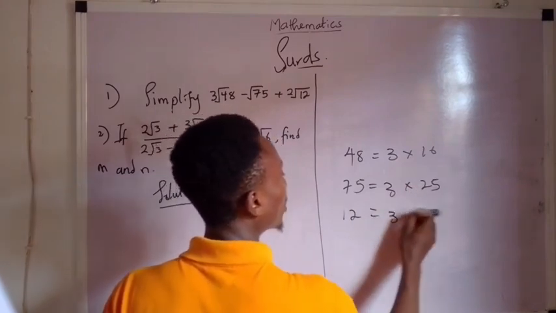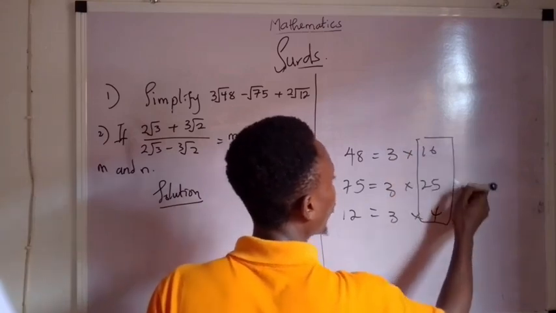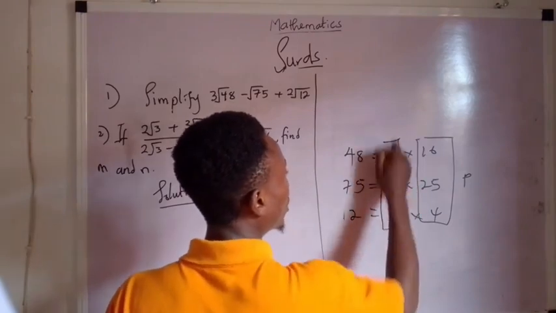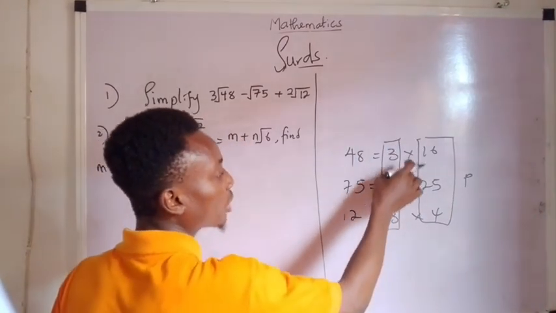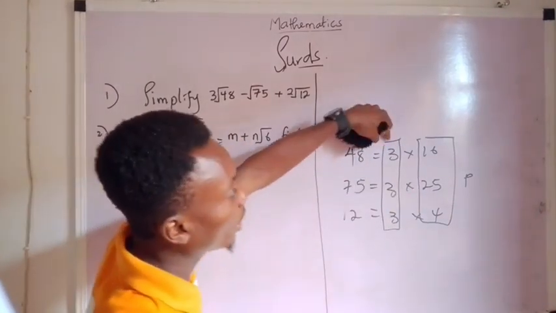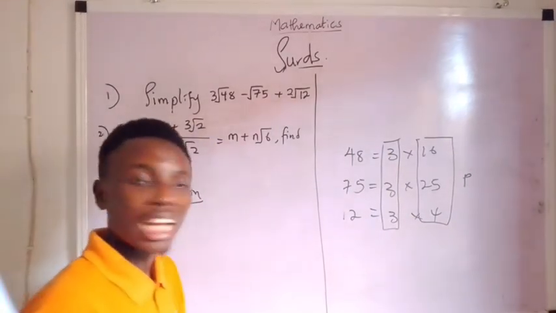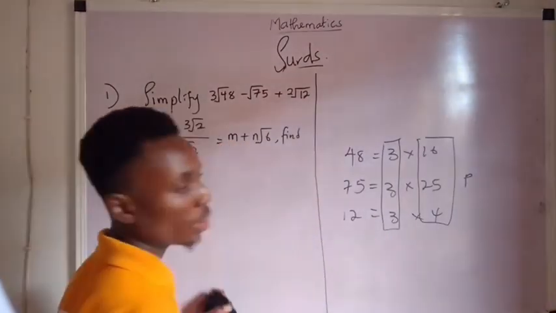And 12 is what? 3 times 4. These other 3 here are what? Perfect squares. And these other 3 here, they have the same value. And this one, because it is not a perfect square, will end up being the surd value that we can now work with. The main challenge in surd problems is actually this, the factorization.